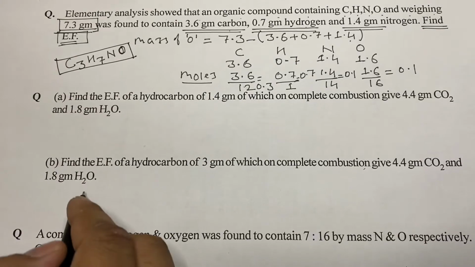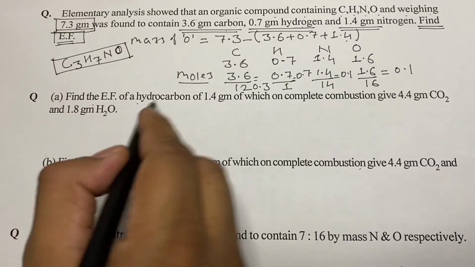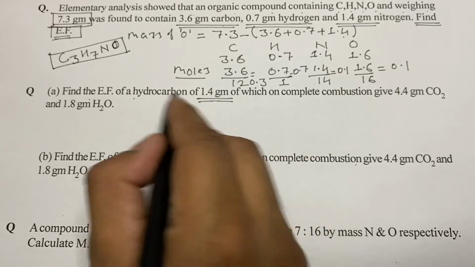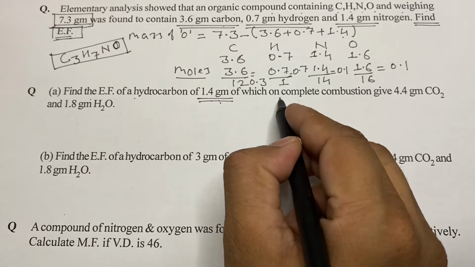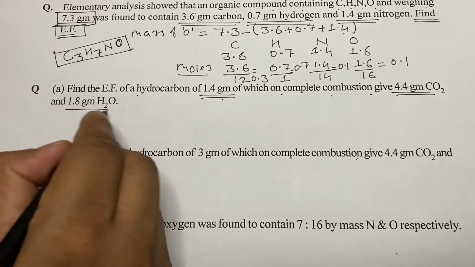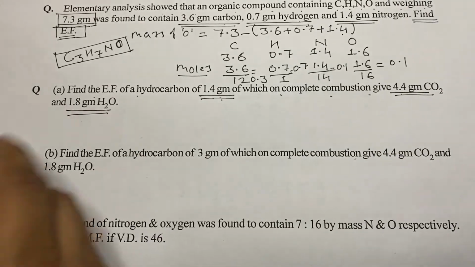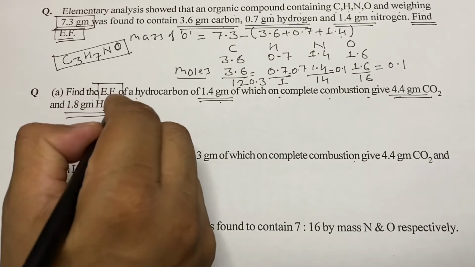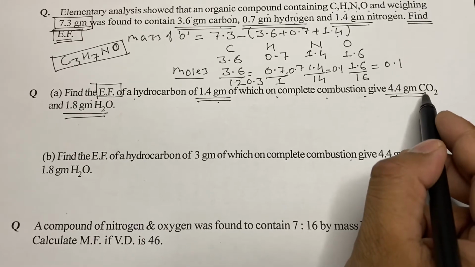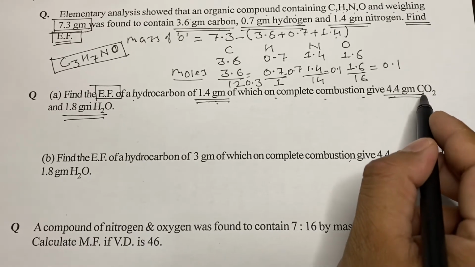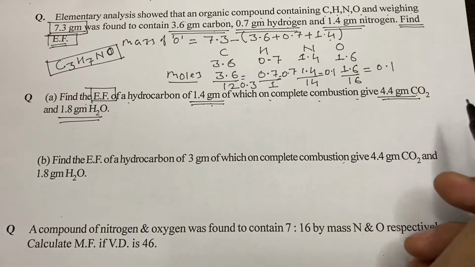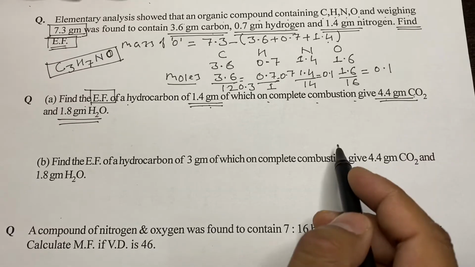In the next question, find the empirical formula of a hydrocarbon of 1.4 gram, which on complete combustion gives 4.4 gram of CO2 and 1.8 gram of H2O. As we know, to determine the empirical formula, first we have to calculate the mass of the respective elements, then convert them into the simplest whole number ratio of the atoms present.